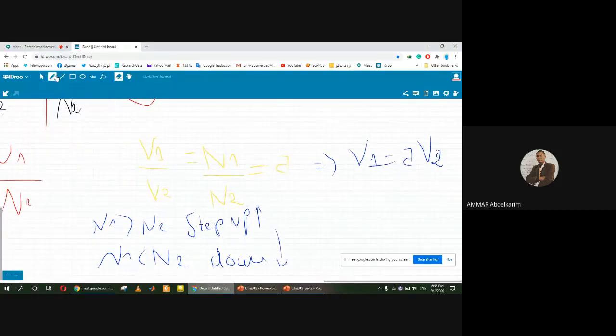But if N1 is less than N2, A becomes less than 1, between 0 and 1. So here V1 equals A times V2, and A is less than 1, which means that V2 is greater than V1. And this transformer is a step up transformer.